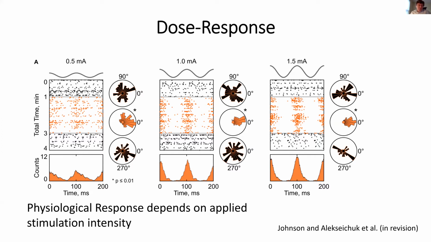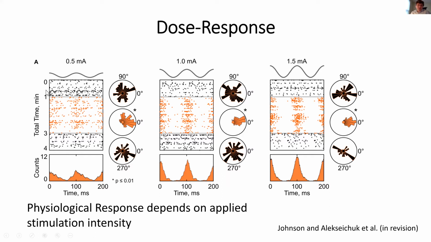From recordings, I'm going to quickly show, we did single unit recordings in non-human primate motor cortex, where we applied tDCS stimulation at varying intensities, 0.5 milliamp, 1 milliamp and 1.5 milliamp.